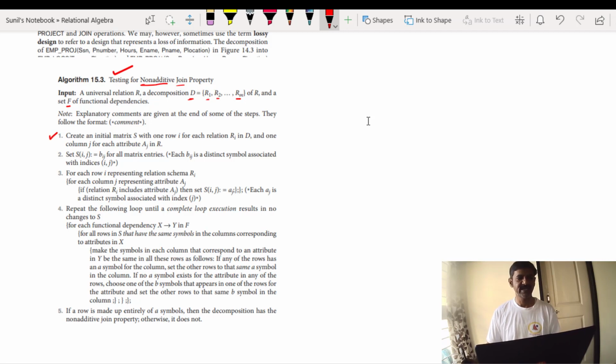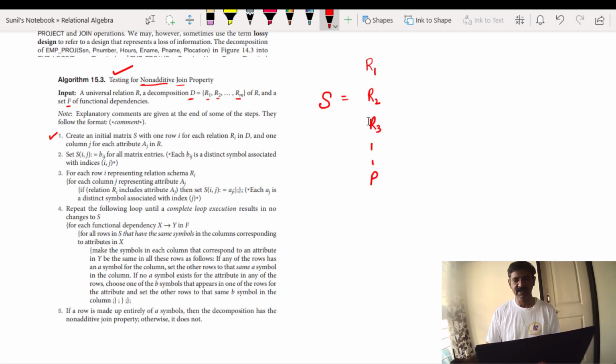The algorithm begins by creating a matrix S. The size of this matrix is decided by how many decomposed relations there are. If there are m decompositions, then there would be m rows in the matrix S: R1, R2, R3 up to Rm.